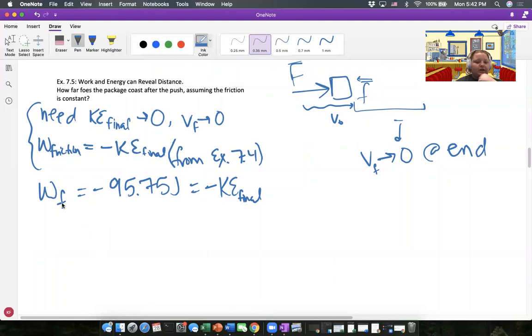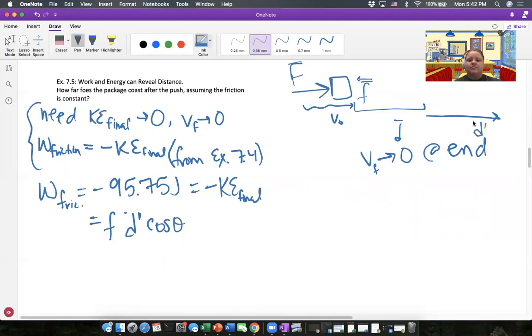We also know how to calculate our frictional work. And that's going to be some kind of our frictional force times some distance, I'm going to call it d prime, times a cosine of theta, okay. Now our d prime is again going to be how far it went after that push.